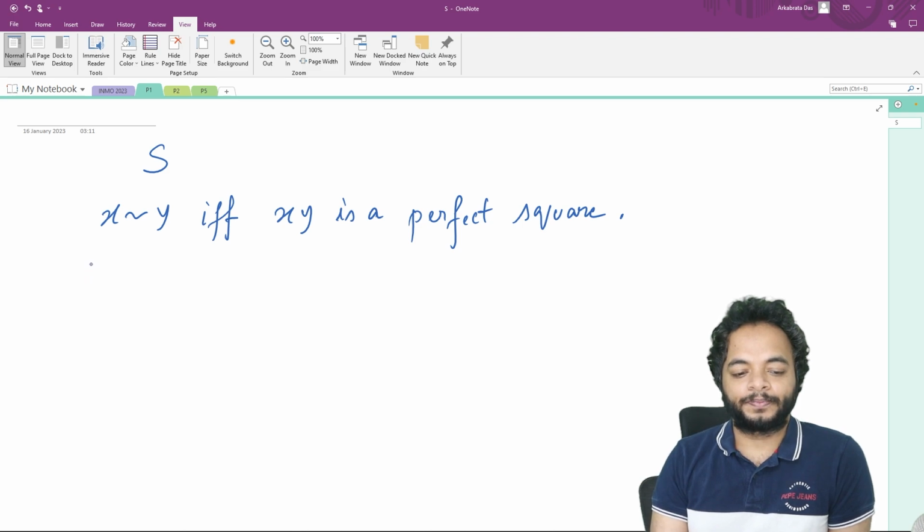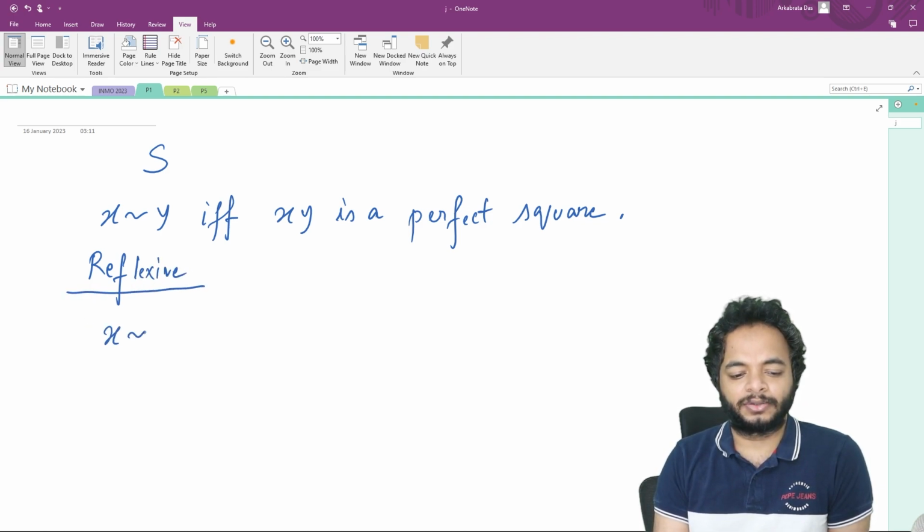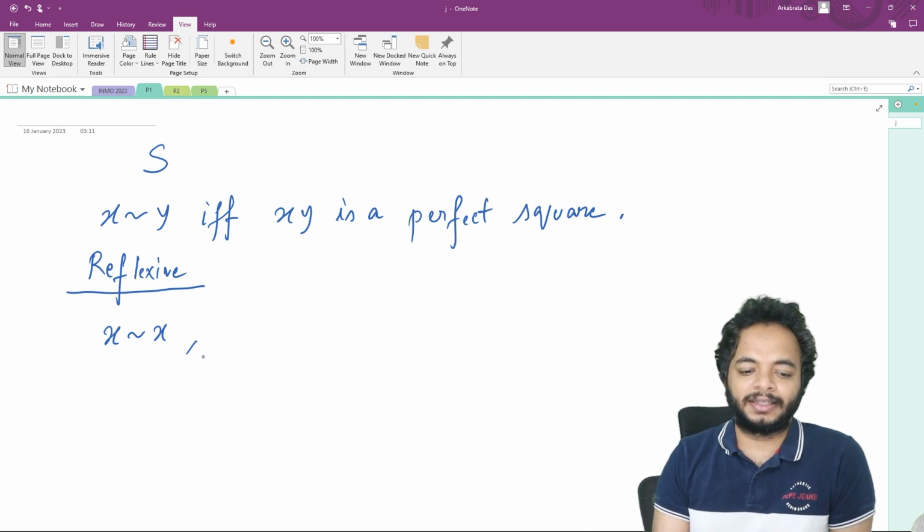Let's first go with the very simple one, reflexive. That is, x is related to itself. Why? Because the set S has positive integers in it, so x squared is a perfect square.